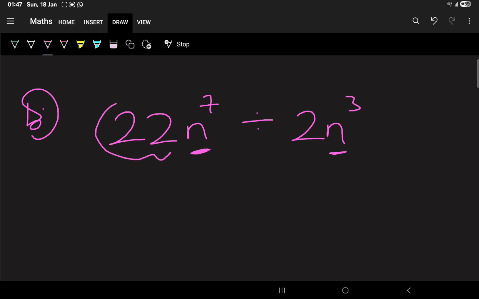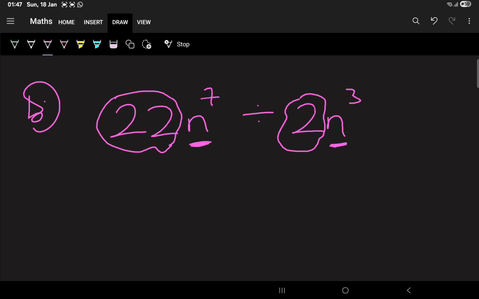This is the coefficient of n raised to the power of 7, so also is this the coefficient of n cubed. Our focus is n raised to the power of 7 and n raised to the power of 3, and these are like bases, so we can use the law of division.